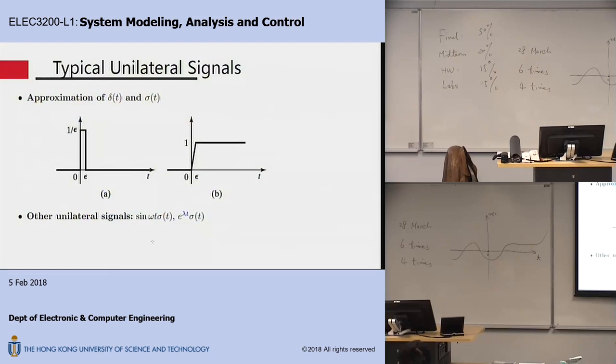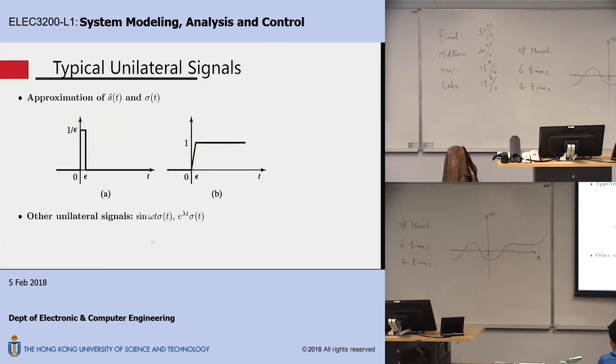It takes an epsilon time interval to go from 0 to 1. So certainly, this is an approximation of this. Now let's take the derivative of this.